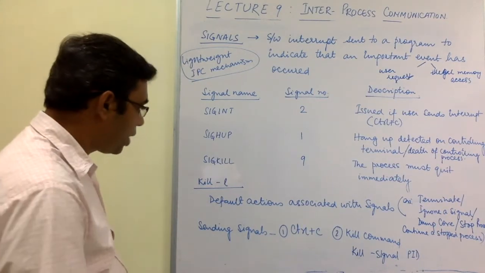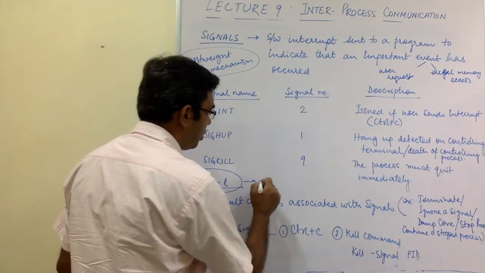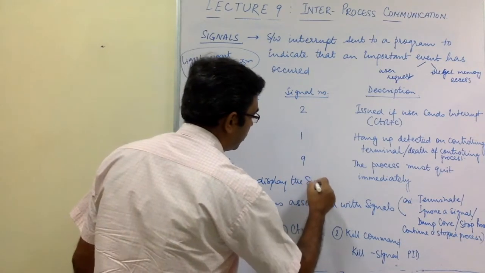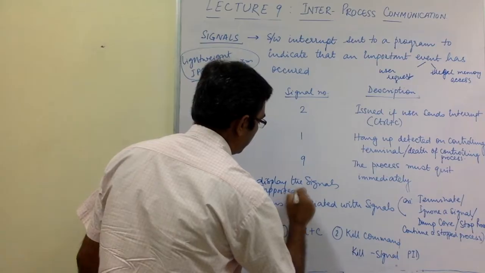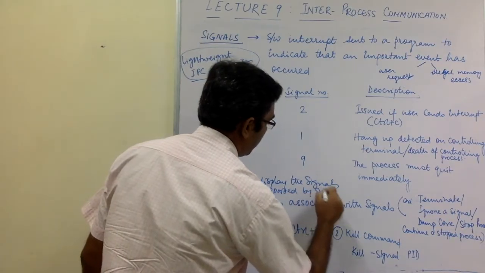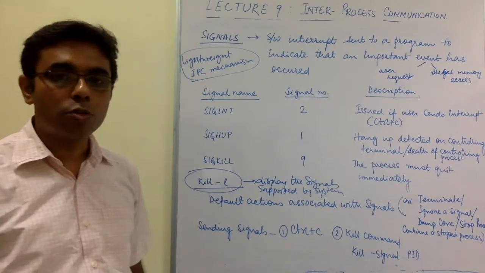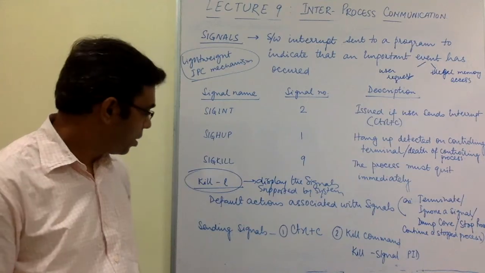In order to check what signals your system supports, on a Unix system you can simply type in kill -l to show the signals and the corresponding details.